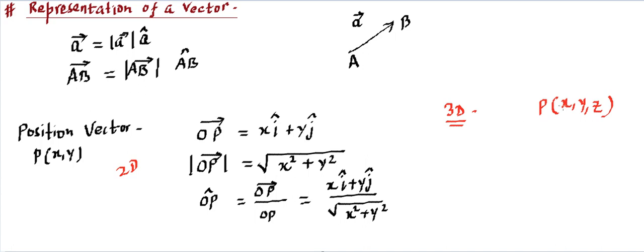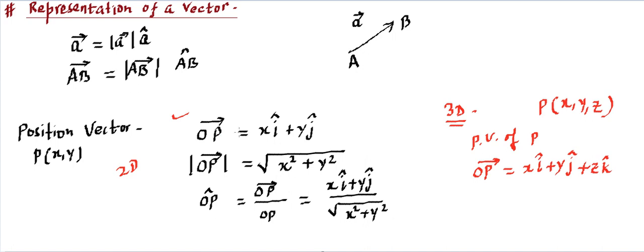Then again, if we join this point P from the origin, the position vector of point P will be given as OP vector, which is equal to x i cap plus y j cap plus z k cap. So we are simply extending this concept.